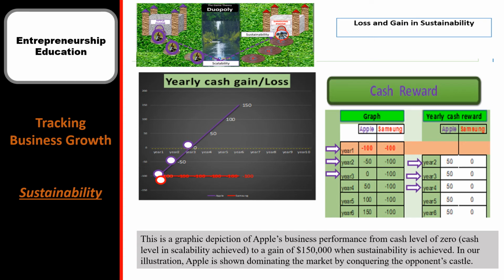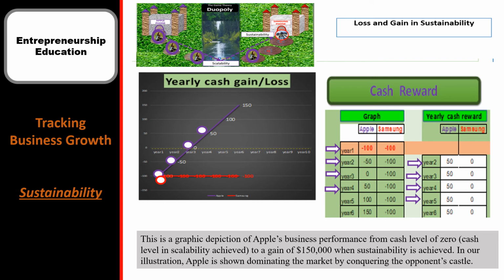There's a cash reward of $50,000, and that will bring Apple's cash level to $50,000 from zero, and that is indicated on the graph. And another performance depiction is to see Apple crossing the river and marching towards Samsung's castle.